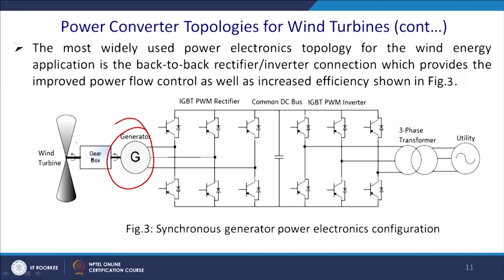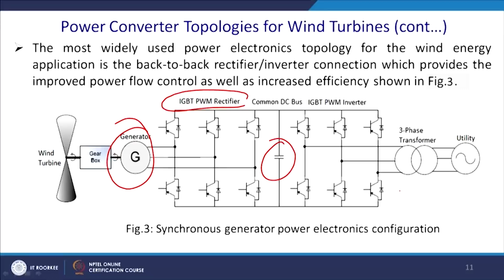Since it is variable speed, it is required to be rectified, and generally a controlled rectifier is used, because this requires MPPT tracking. Accordingly, it has to run at a particular speed, and that will generate the MPPT voltages, and thus you have a common DC link voltage.